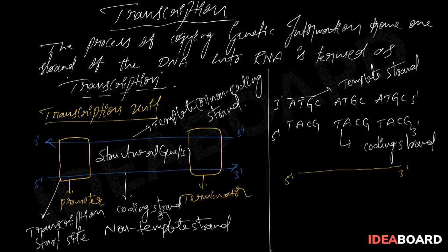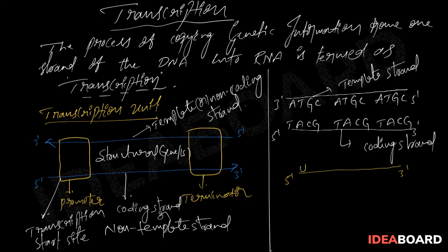The nucleotides present in mRNA are exactly copied as in the 5' to 3' DNA, except at thymine positions. Instead of thymine, uracil is present in RNA.